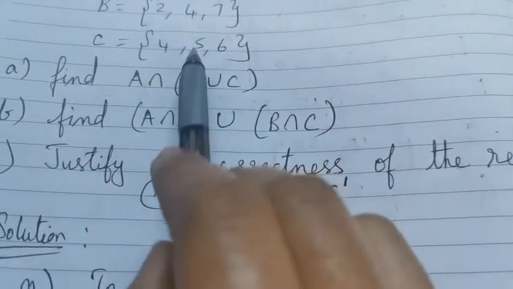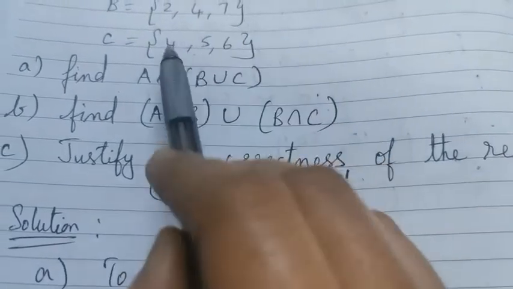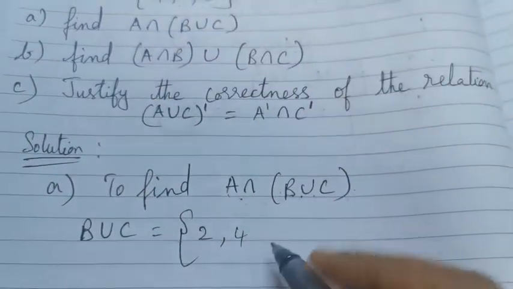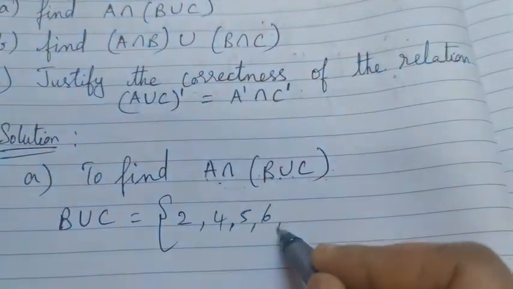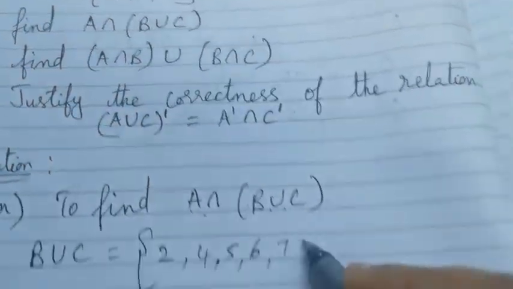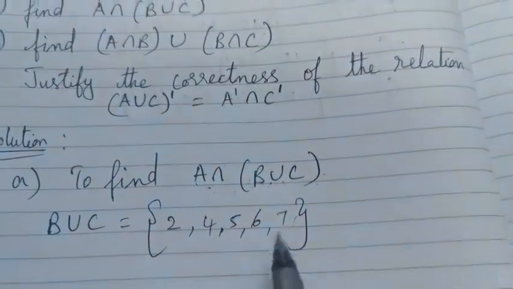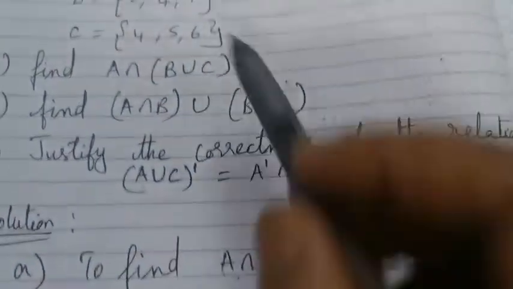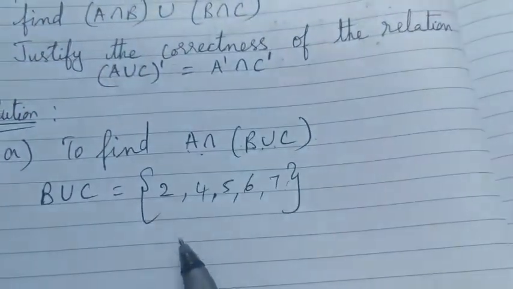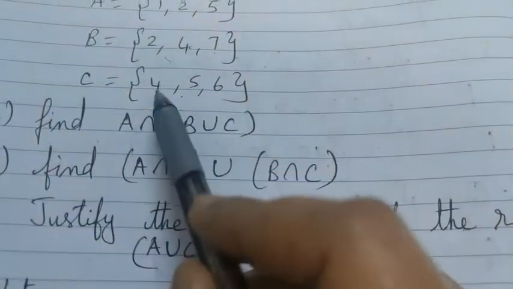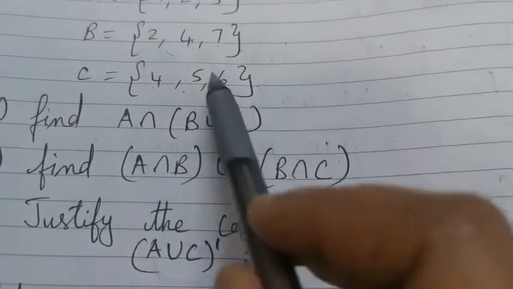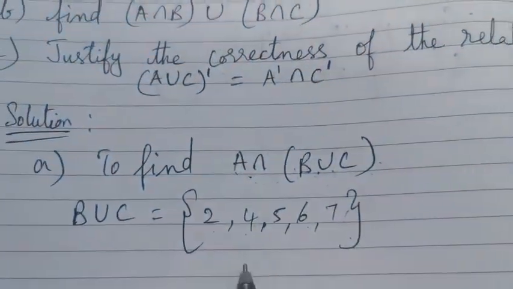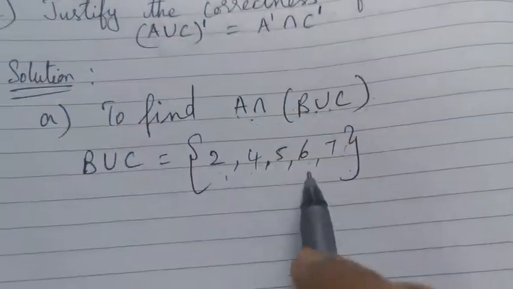So 2, 4, I have 4 here, so I need not repeat it. Next I will write 5, 6 and 7. So let's check if we have written everything. 2, 4, 7 is here. And from C, 4, 5, 6 is there. Yes. So we have all the elements of B and C. So we got B union C.